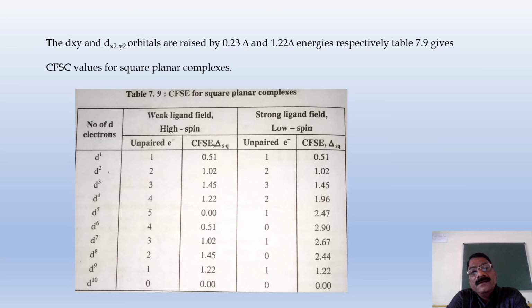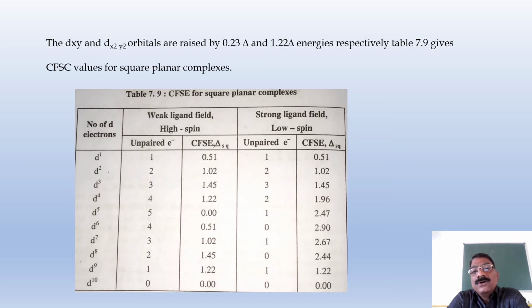First, in the weak ligand field, that is high spin complexes: d1 system CFSE is 0.51 delta, d2 1.02 delta, d3 1.45 delta, d4 1.22 delta, d5 0 delta, d6 0.51 delta, d7 1.02 delta, d8 1.45 delta, d9 1.22 delta, and d10 again 0 delta.